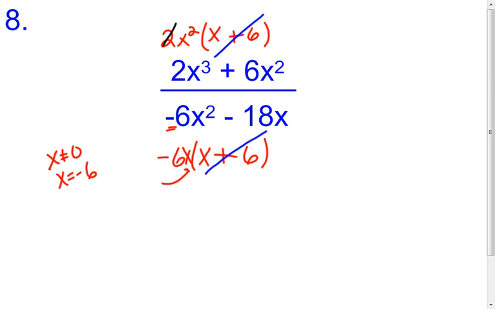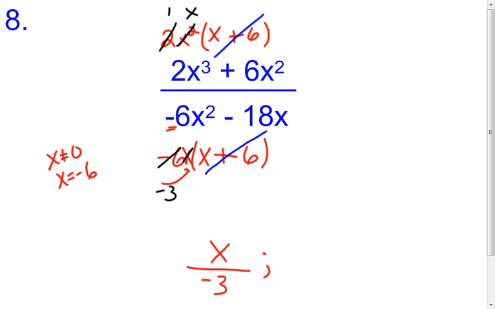The 2 can become a 1, and the negative 6 can become a negative 3. And then this x can cancel out with one of those and make that be x. Okay? So on the top of that whole mess, all I have left is x, and on the bottom, I have negative 3 left. And you might want to write that as negative x over 3. That's fine. It doesn't really matter.